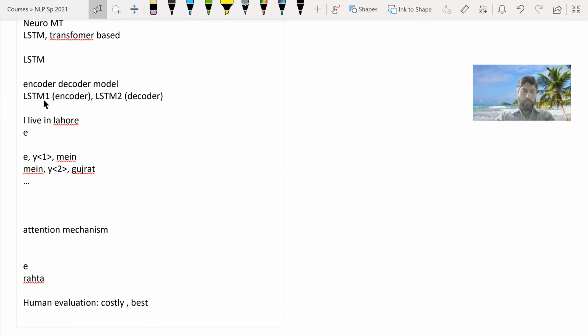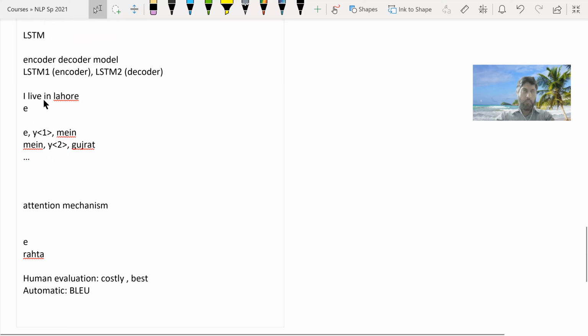But we need to have some other automatic way of evaluation as well. In automatic evaluation, some measures are available. Of course, there are some measures that are more recent, which we probably will not discuss. We'll talk about the one that is most popular and has been used for, let's say, a few decades. And that is called BLEU.